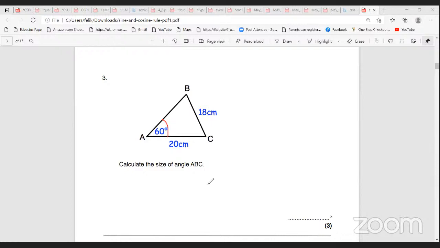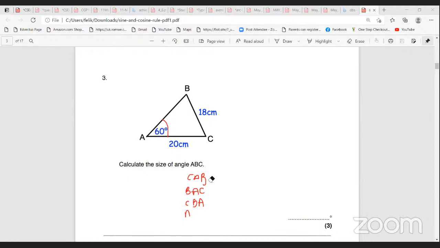To determine the angle, we look at one specific thing. If they had said CAB, then we know that it's angle A. If they had said BAC, we know they're referring to angle A. If they had said CBA, we know they want us to find angle B. How do you know?